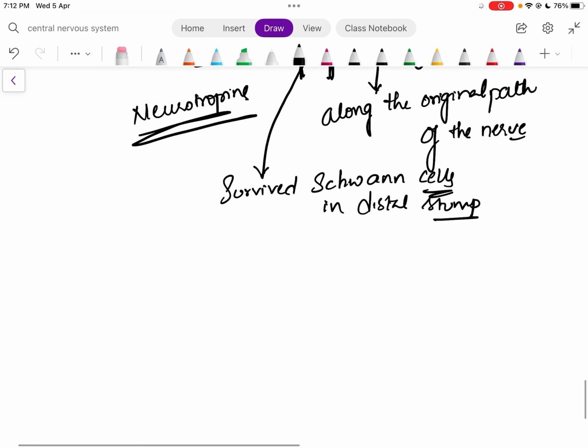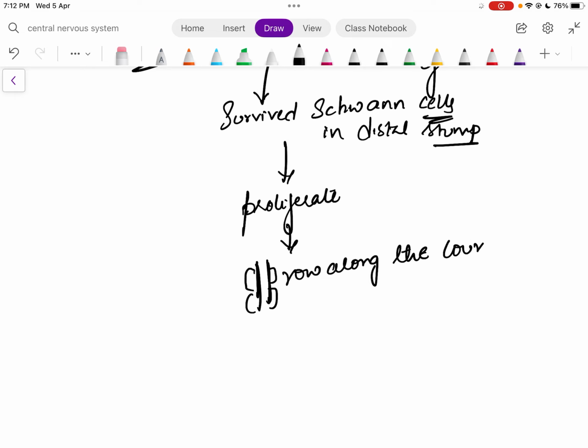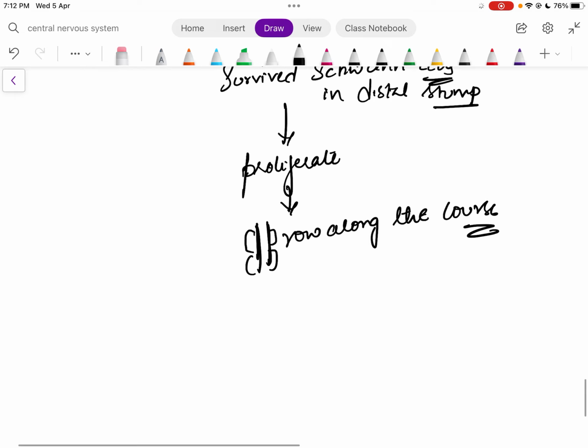What is the function of these Schwann cells? They will proliferate and they will form a row like this. They will form a row along the course, and this is a Schwann cell.